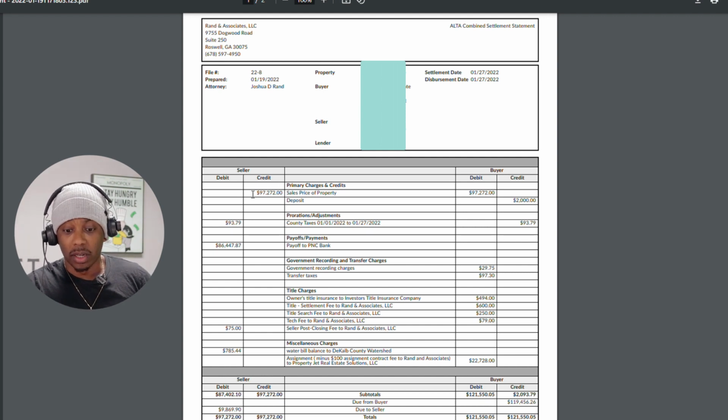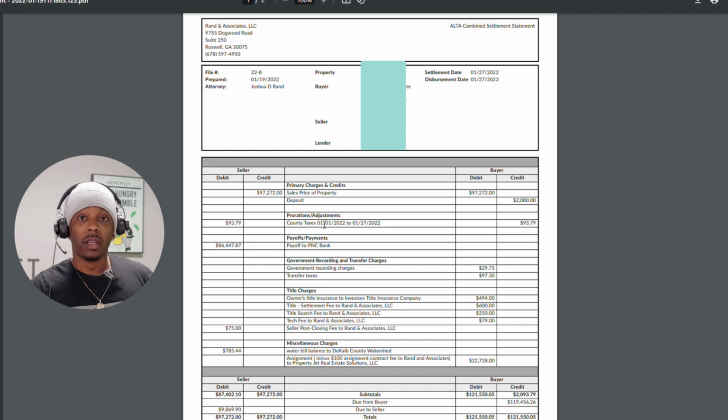Now as we go through the line, you have a debit or deduction for $93.79. That's taxes, right? Taxes from the beginning of the year until the day that the property sold. That's what the seller is responsible for if they haven't paid them in full for the entire year.